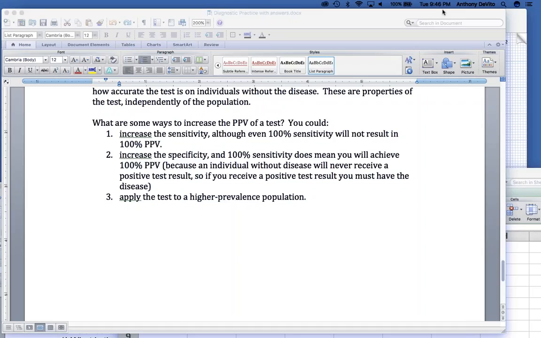I have two populations, one with a prevalence of 10% and the other with a prevalence of 1%. If I apply the same test to those two populations, which of the two will demonstrate a higher positive predictive value? The 10% prevalence or the 1% prevalence?